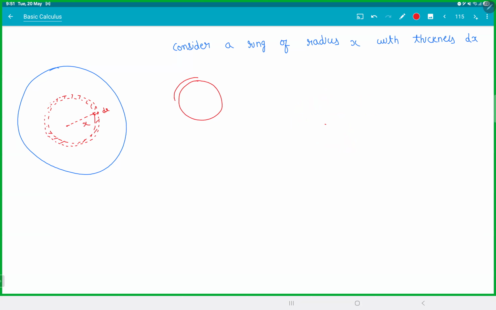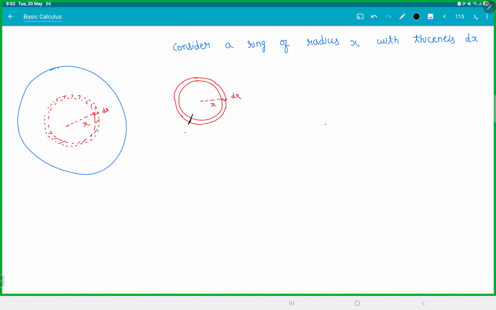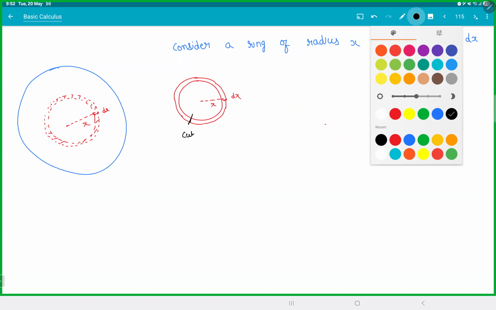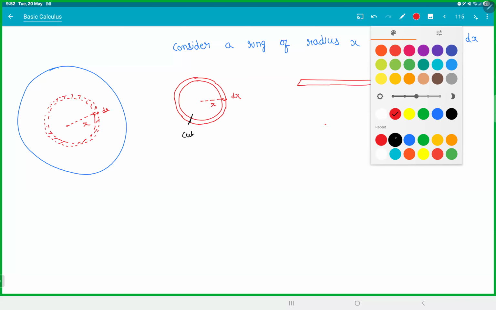So this is x and this thickness is dx. Now take a scissor and cut it and open this. When you open this, you get a shape something like this. You'll actually get a trapezium. But this is so thin, you can almost assume it to be like a rectangle.